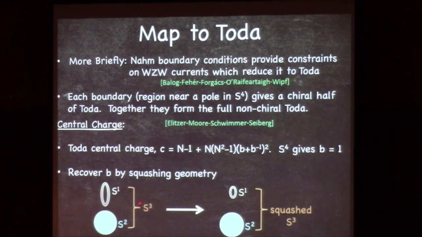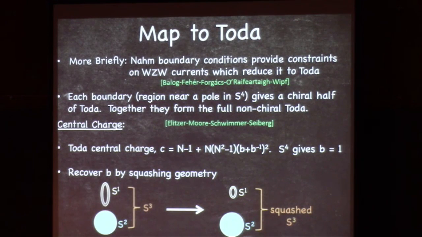And instead of having the round 3-sphere, change it to what's called the squashed 3-sphere by changing the ratio of radii between S1 and S2. And then what you're going to do is fiber that over an interval, again having it collapse at the ends. And if you like, you can do a Weyl rescaling to stretch that out as well. And that will introduce some b dependence. So the ratio of radii here is some non-trivial function of b.